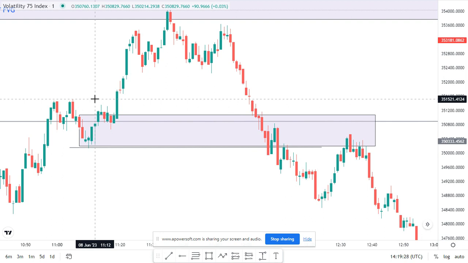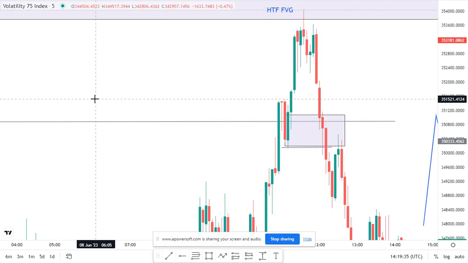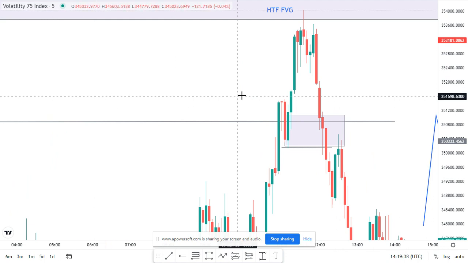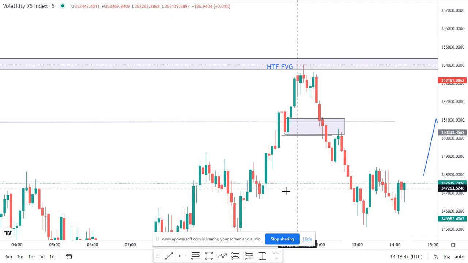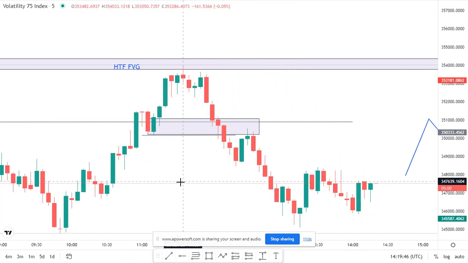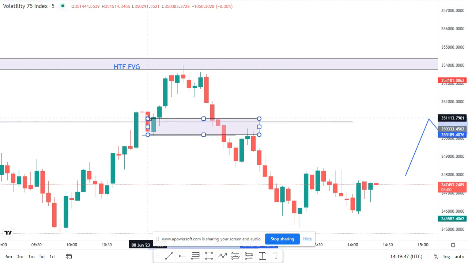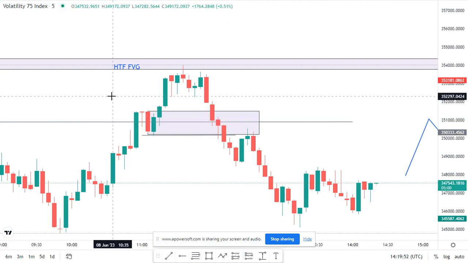Let's go to M5 and see what we have. Remember what I said: our entry is on M5 and below. Right? What do we have on M5? Now you can see a clear reference here on M5. This whole candlestick.